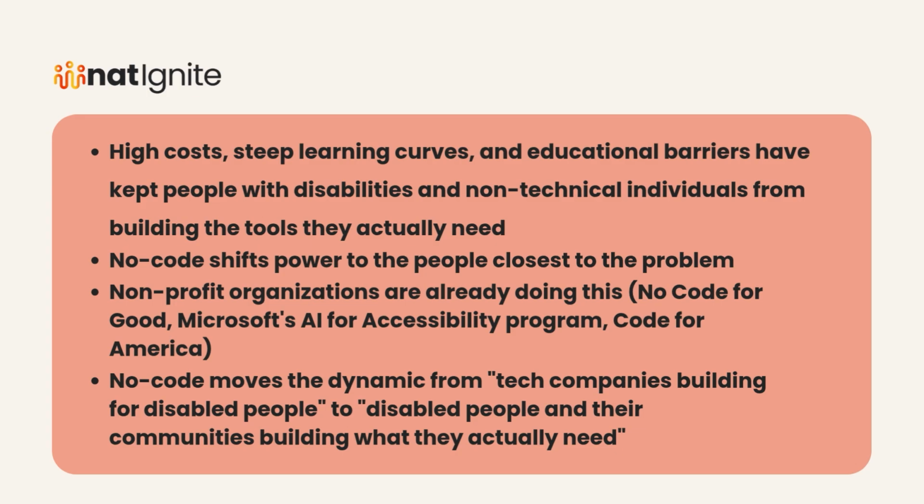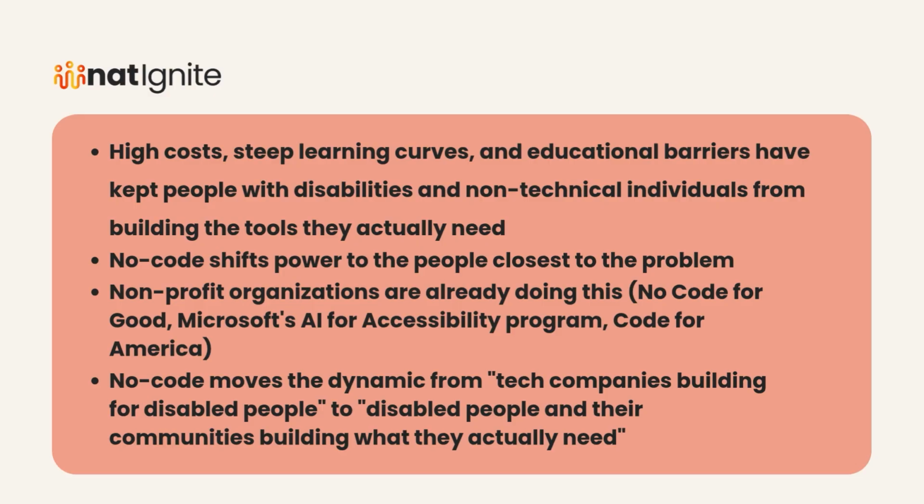So there's lots of organizations that are already doing work in building no code, that bring no code builders together to create technical solutions for social good. And some of these, to name a few, are No Code for Good, Microsoft's AI for Accessibility program, Code for America. Another good one to mention that I haven't put on here is I think called the Ally project, the A11Y project.